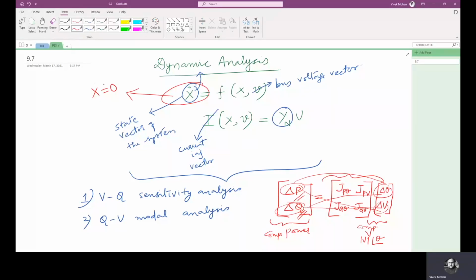And these procedures are confined to individual buses. The stability characteristics are established by stressing each bus independently. By the term stressing, what we mean is, if you are incrementing the load step by step at a particular load bus, what happens to the voltage of that bus? That is the analysis.